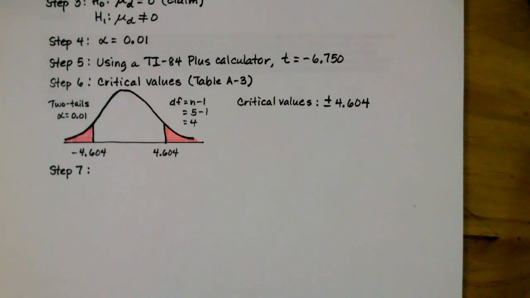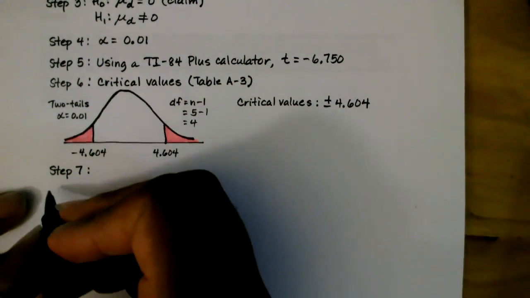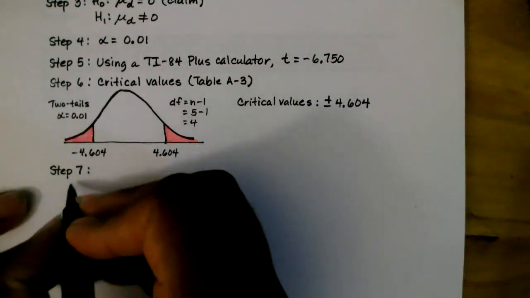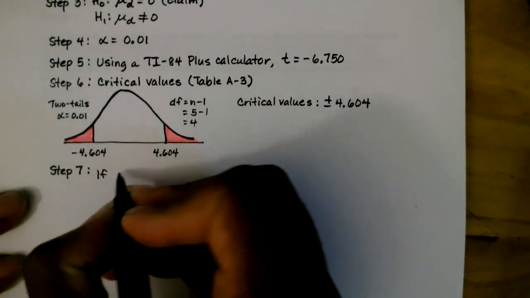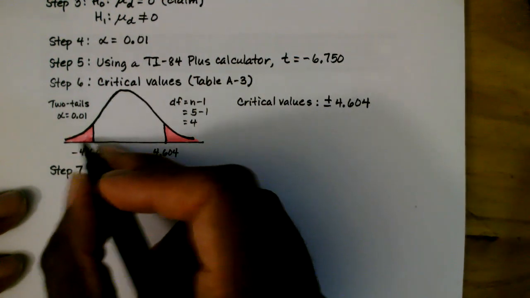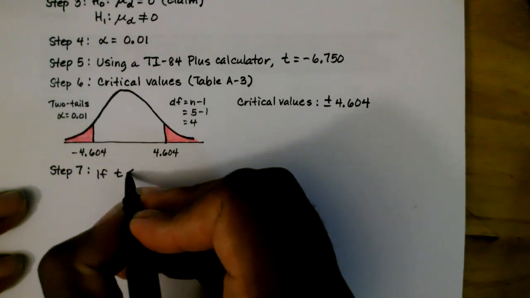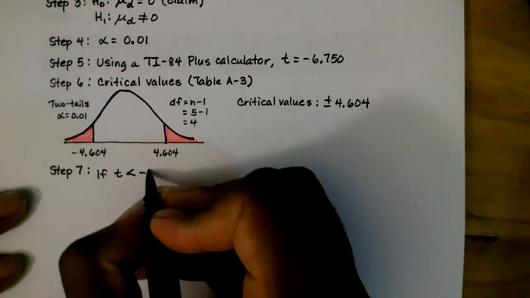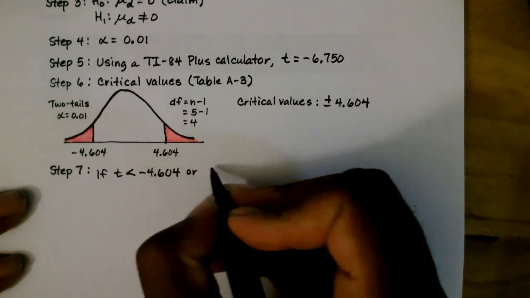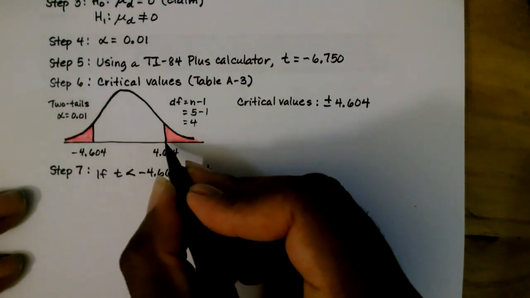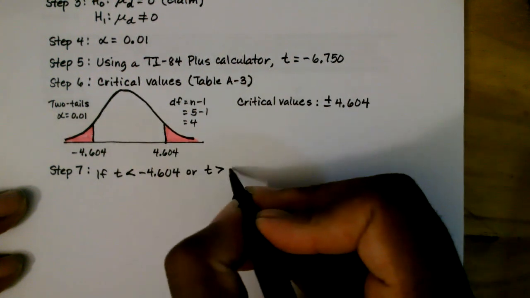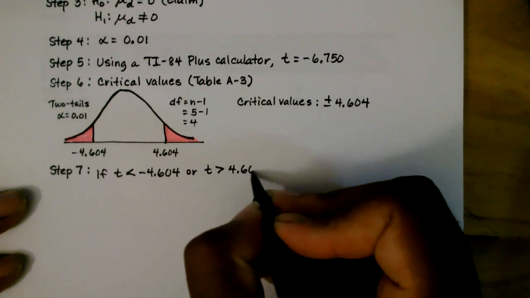So in this case, and I'm going to read this from left to right, going along this horizontal. If your t, test statistic, is, now this is shaded to the left, so I have to use less than negative 4.604, or if t is, now on this side, shaded to the right means greater than positive 4.604.